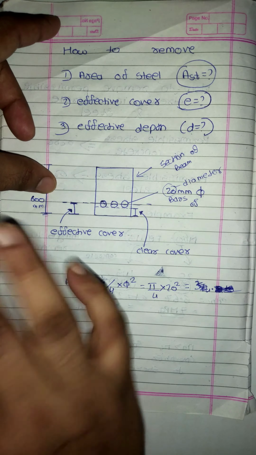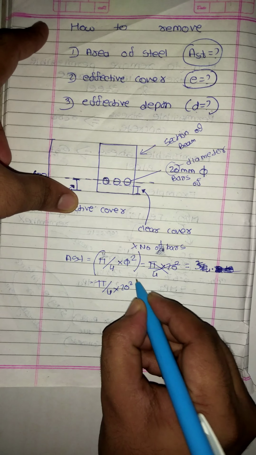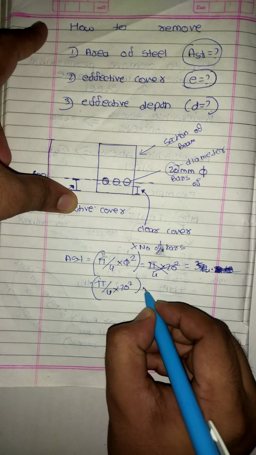So we have to calculate pi by 4 into 20 the whole square, multiplied by 3.